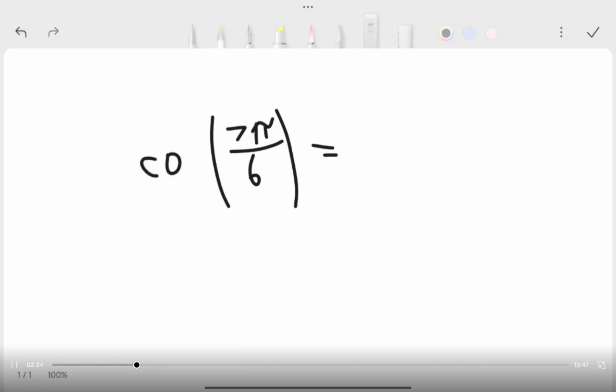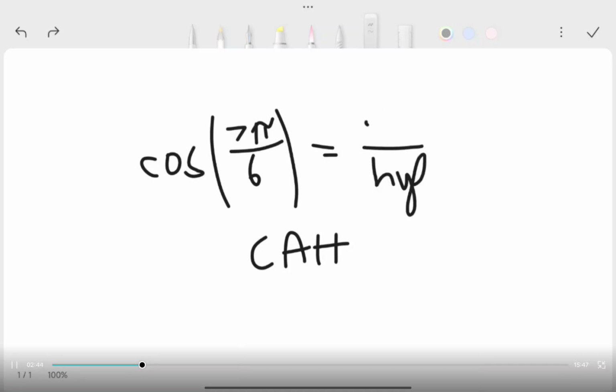Next is the cosine. Our cosine is the CAH, or the adjacent over hypotenuse. So it's negative square root of 3 over 2 divided by 1, so simply negative square root of 3 over 2.